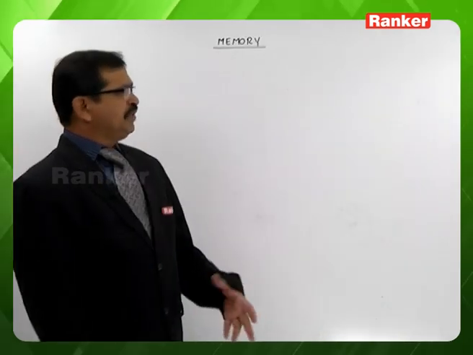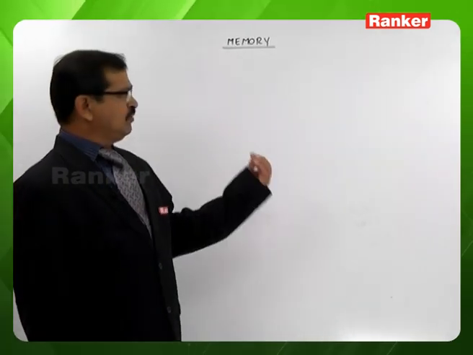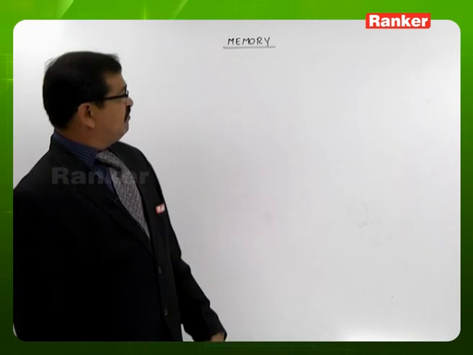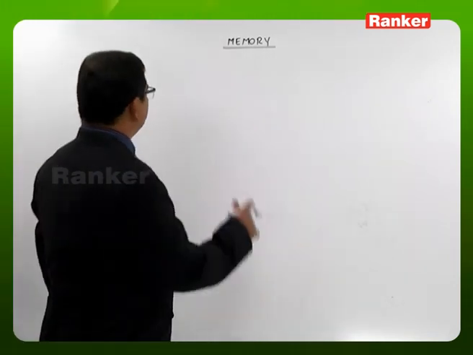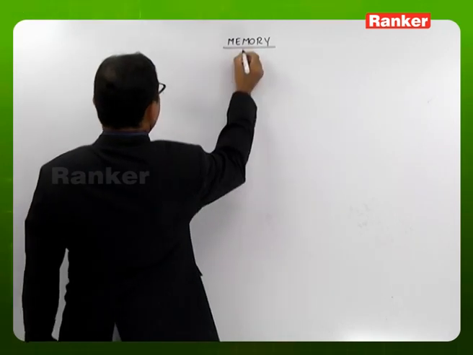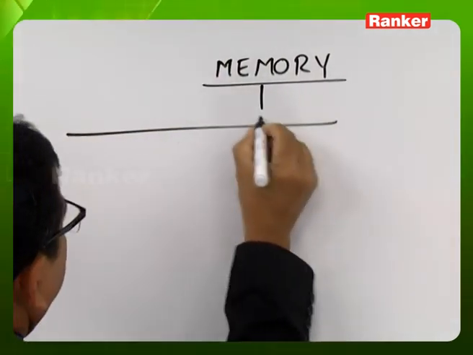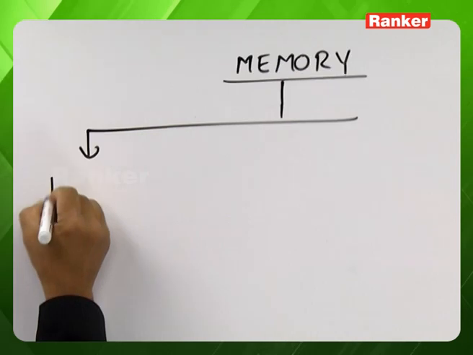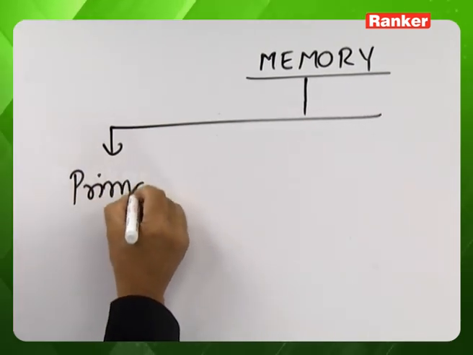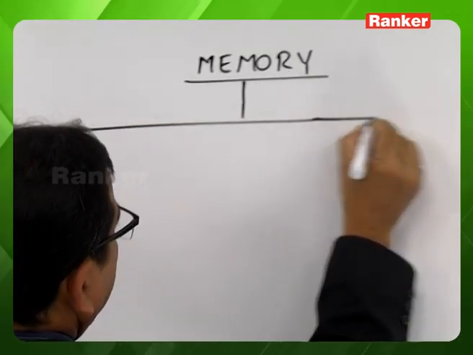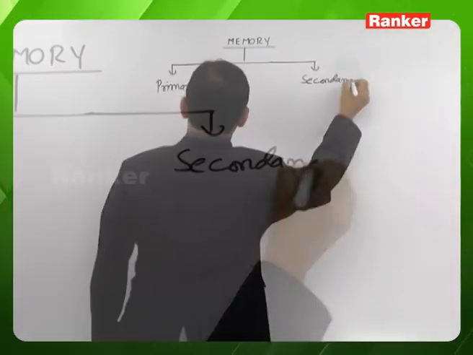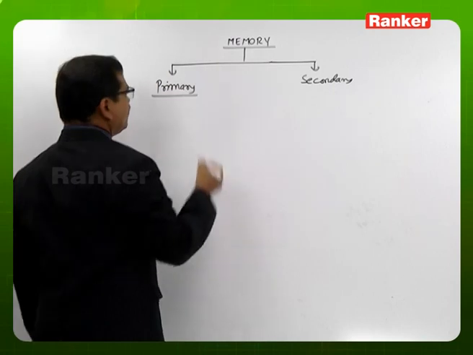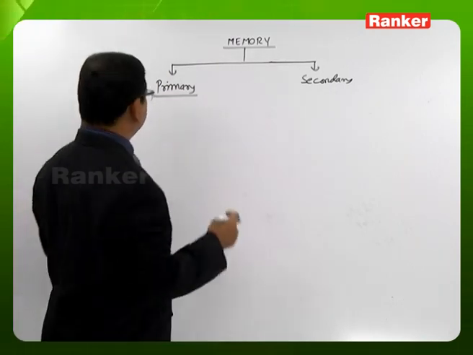In the memory topic, we need to discuss a few of the memories very briefly, because it does not have much importance in the GATE exam. You can look at primary memory and secondary memory. Under primary memory, generally we look at the semiconductor memories.